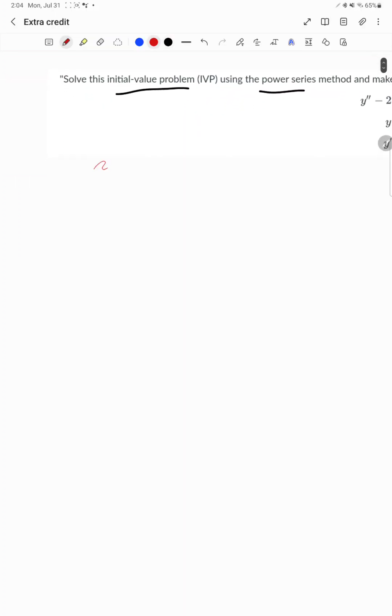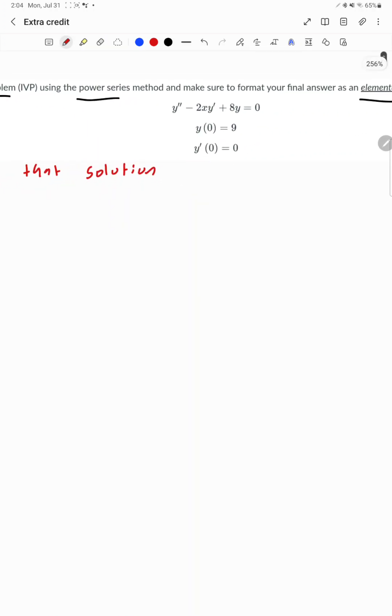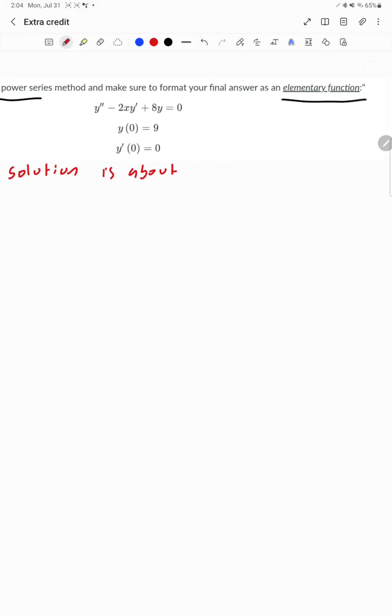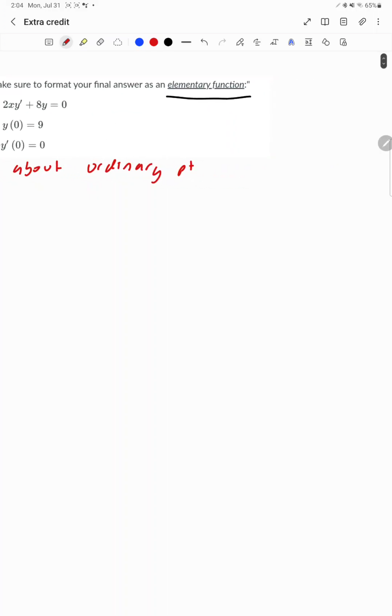And then we're also going to assume that our solution is about the ordinary point x equals 0.